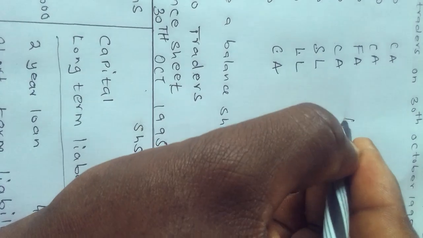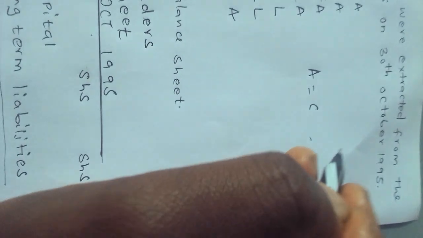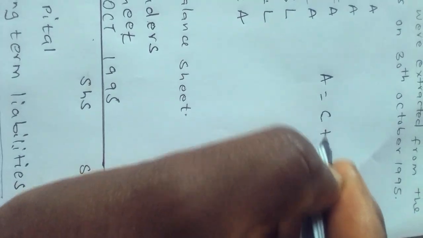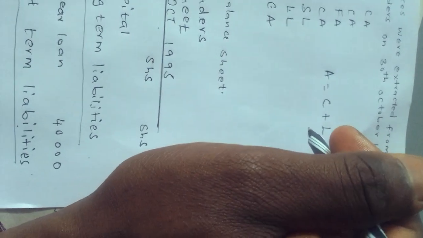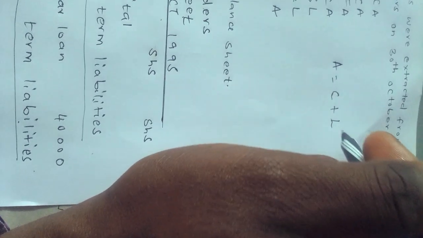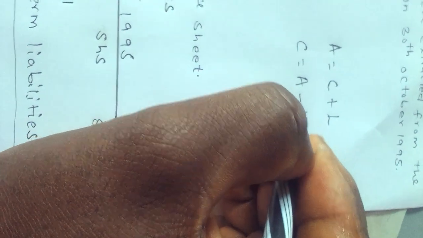Learners, you will come down here where we have capital and you say our capital is actually 921,250. And then if, learners, you add this capital, that's 921,250, 40,000, you also add 62,000.